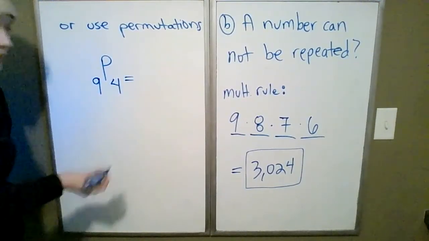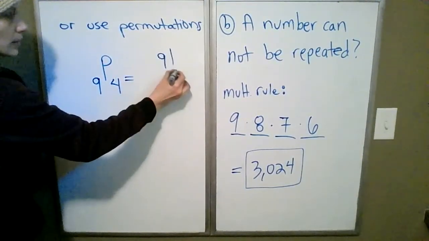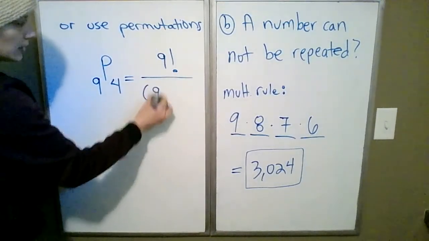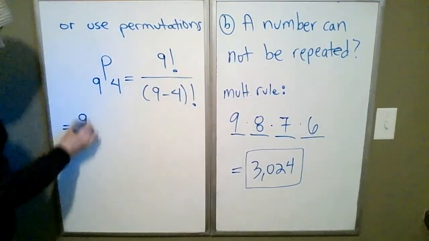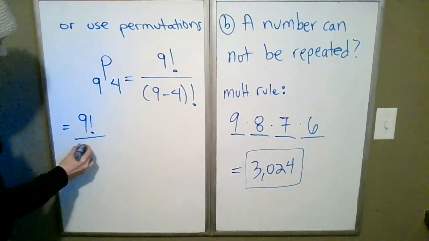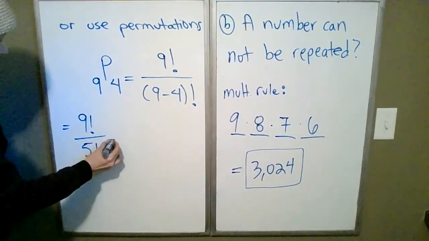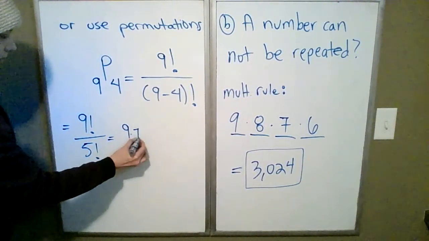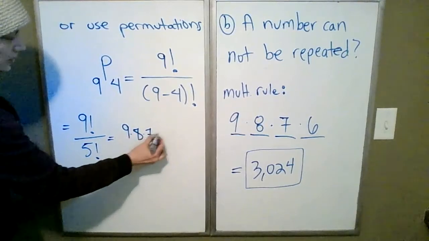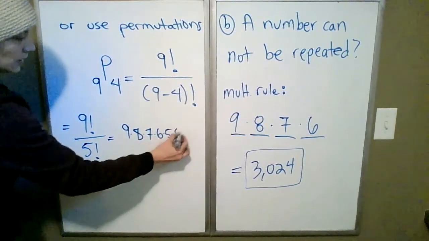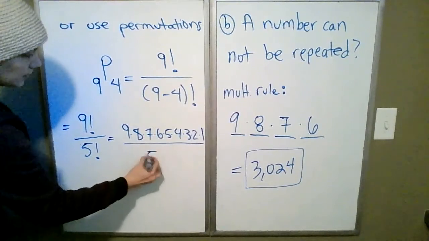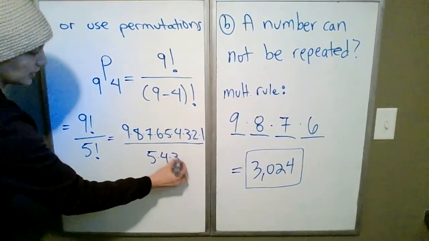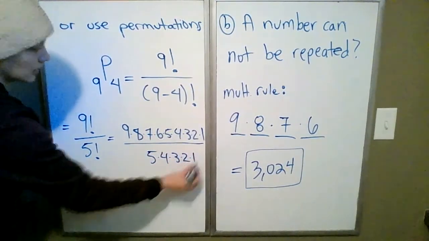And that would be 9 factorial over 9 minus 4 factorial. 9 factorial is over 5 factorial: 9 times 8 times 7 times 6, over 5 times 4 times 3 times 2 times 1.